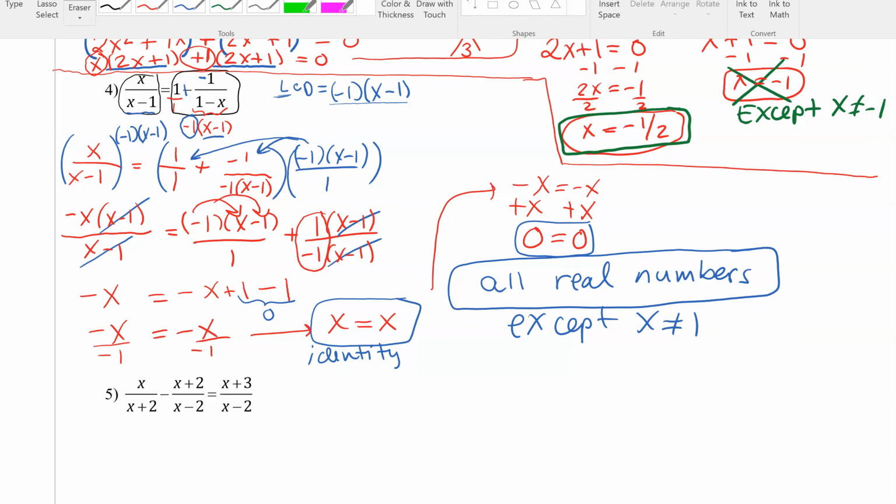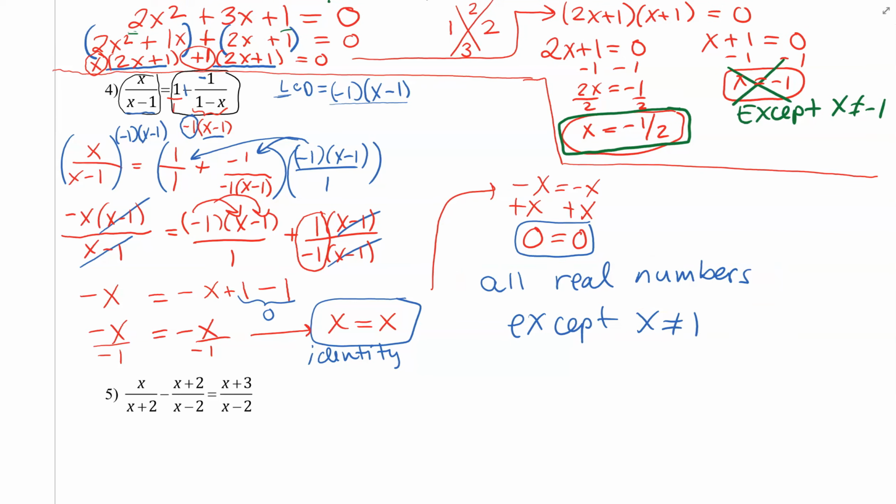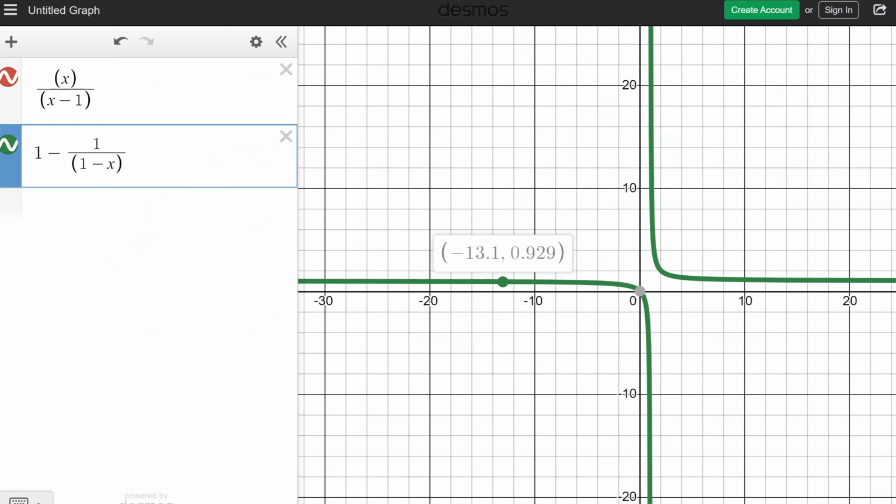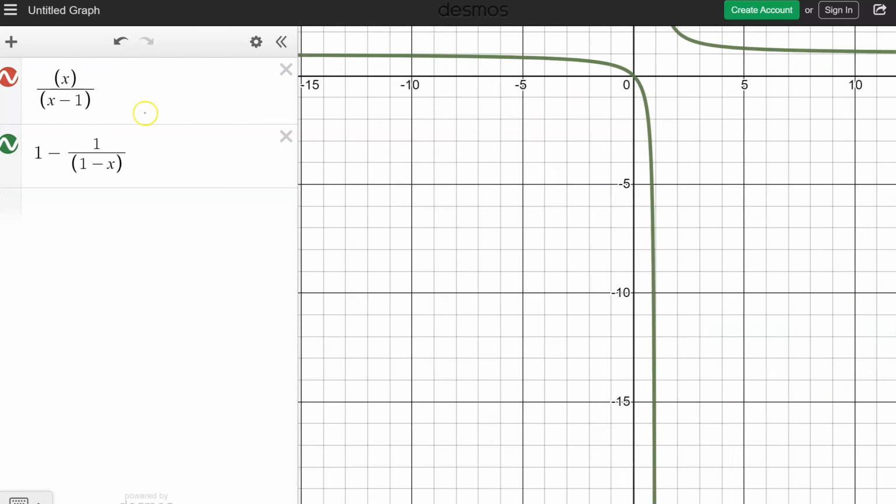This problem almost got me. So they share every single input and output together except negative 1, right? Negative 1 is an excluded value. I almost missed that because if you look at the graph, they share every single input and output together, right? Every single x and y matches except where there is a vertical asymptote.